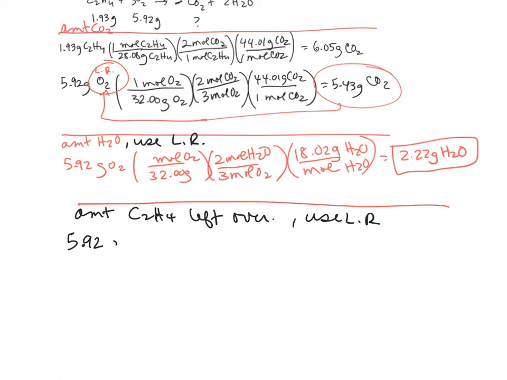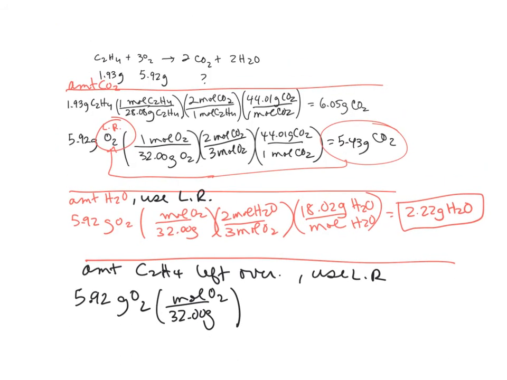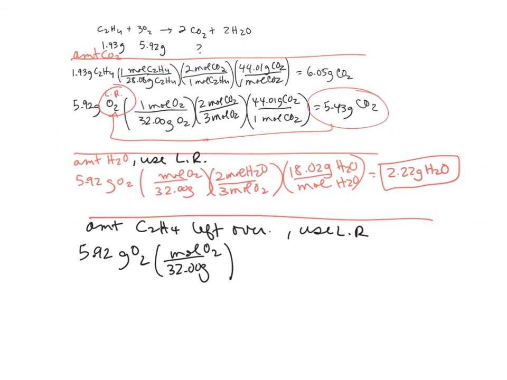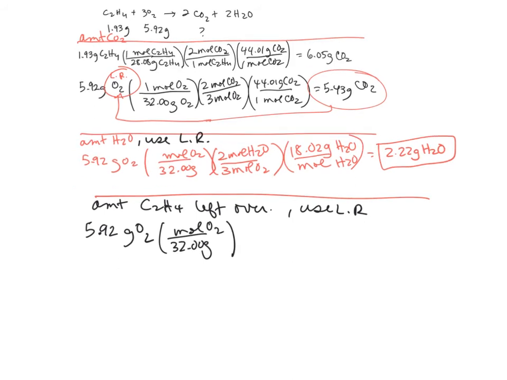So 4.92 grams of O2, and use your 32 grams per mole of O2. The coefficients here are 3 to 1, so 1 mole C2H4 is needed to react with 3 moles of O2.